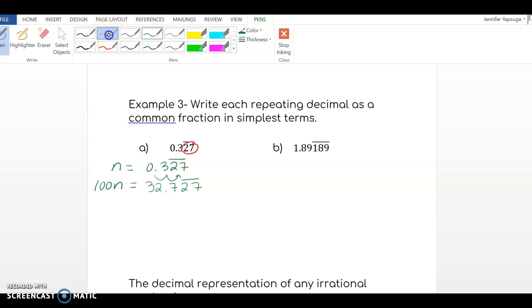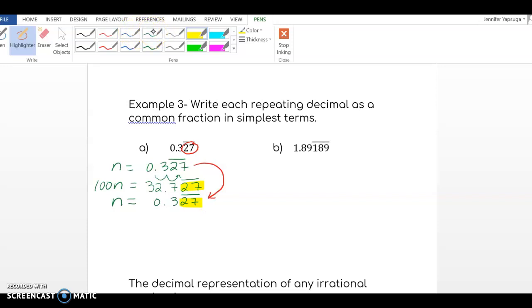Now you may be asking, why did I do this? Well, now here comes the magic part. So now what I'm going to do is I'm going to rewrite this original equation that I started with underneath, but making sure that I line up my decimal points. So n is going to stay here, and then I have 0.327 with the bar on top. And you may notice that my 27 and 27 with the bar on top are underneath of each other and aligned up.